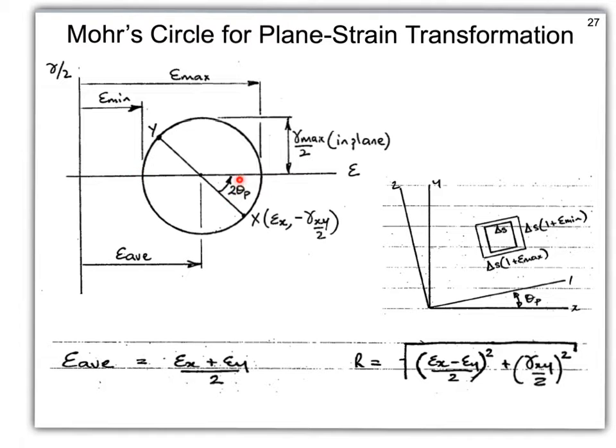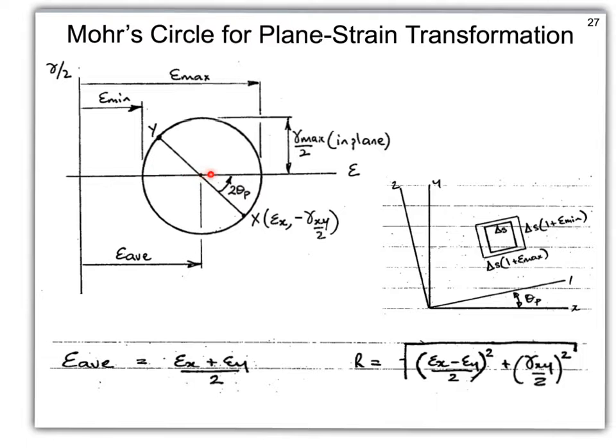If we rotate our Mohr's circle so that it's horizontal, then that corresponds to the state of strain where we have only normal strains acting. Okay, so the original strain element just gets bigger or smaller. It doesn't change shape into that diamond shape. Okay, so the angle between the two sides always remains at 90 degrees.